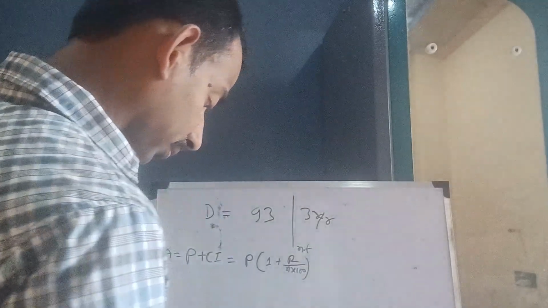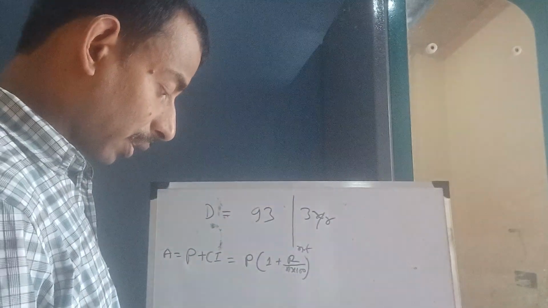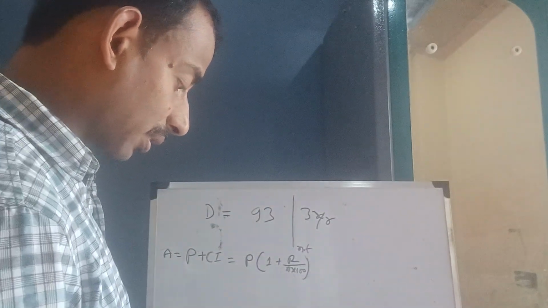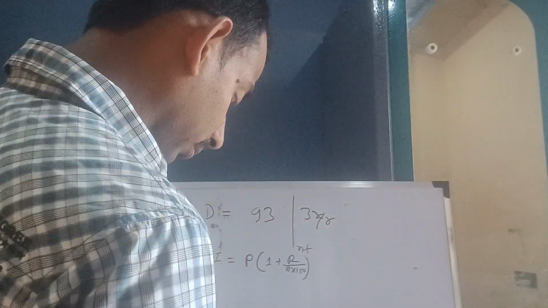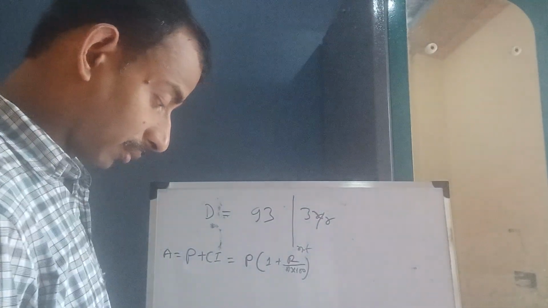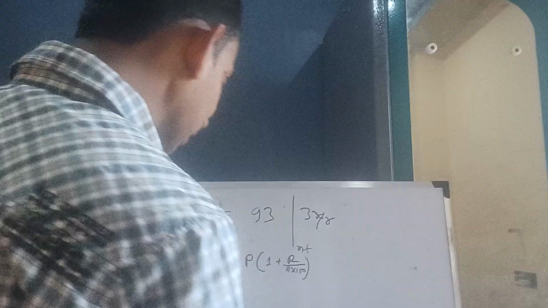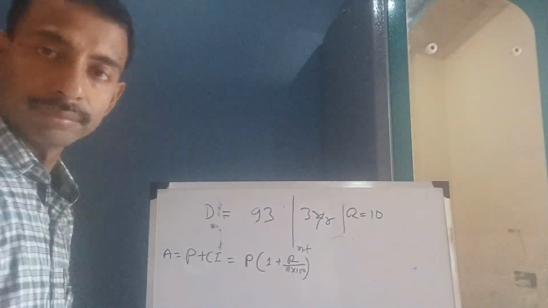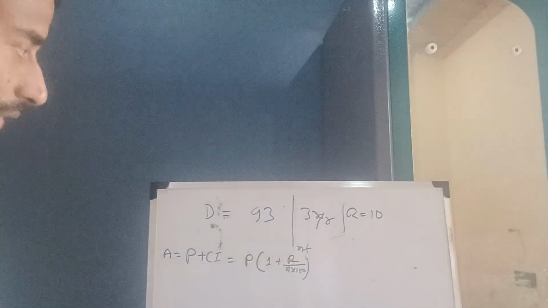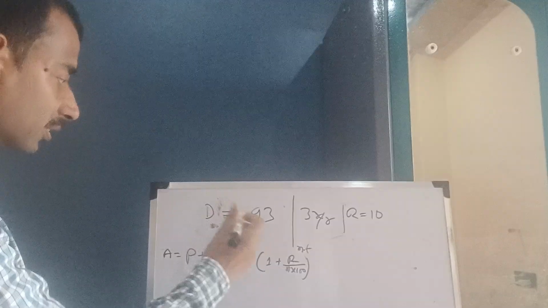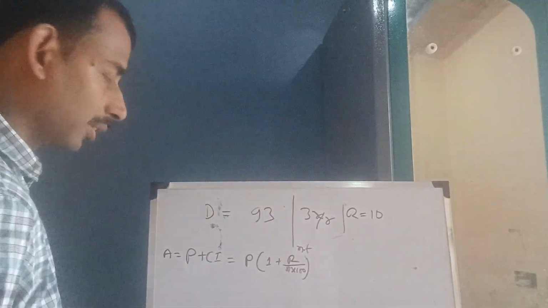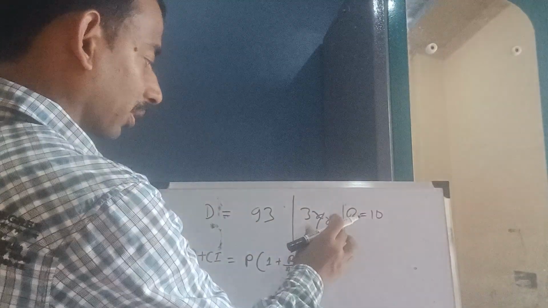Very easy question. The rate of interest is 10, R equals 10, is also given, and the difference equals 93, time period 3 years.